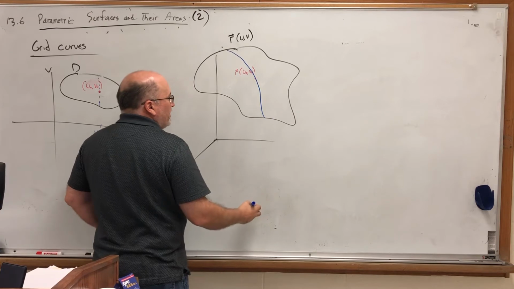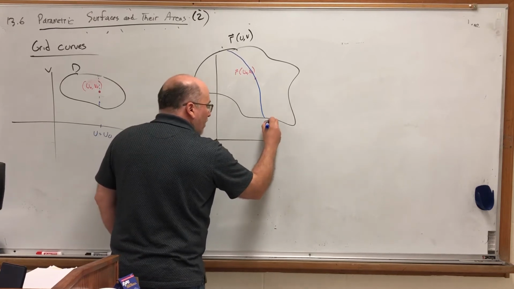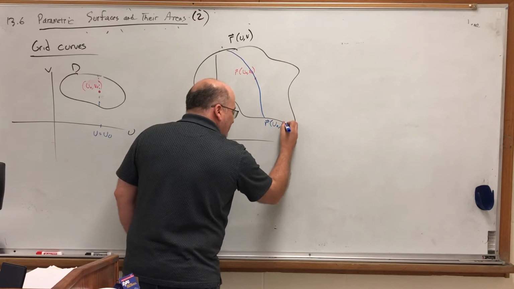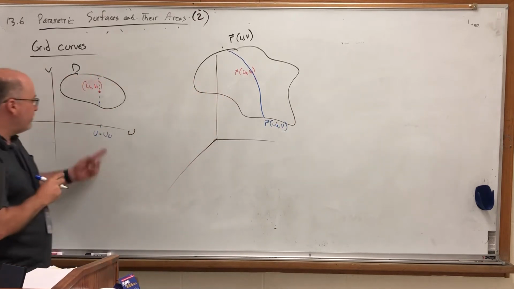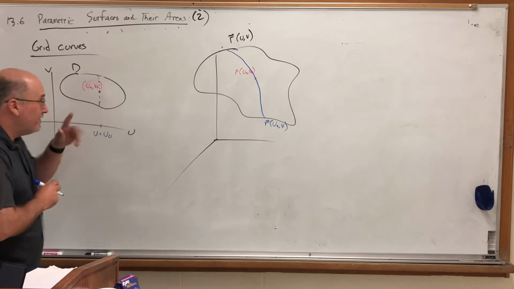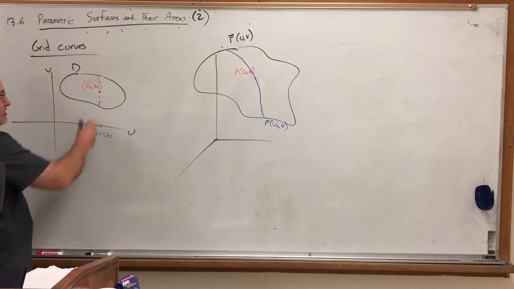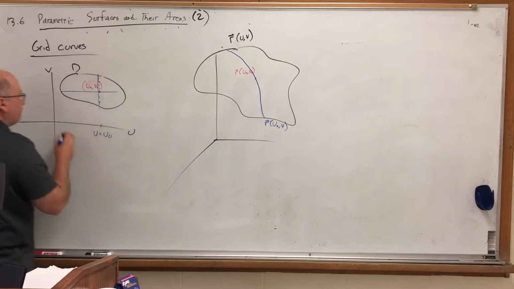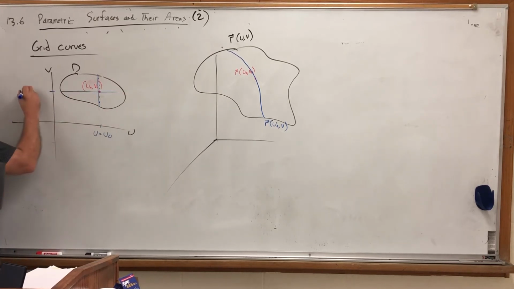So this would be r of u0, v, because we're holding the u constant and letting the v go through all of its values. That's an example of a grid curve, in this case a grid curve of a vertical line. If we did a horizontal line, then the equation of the horizontal line would be v equals v0.